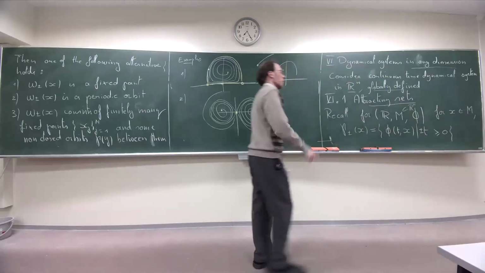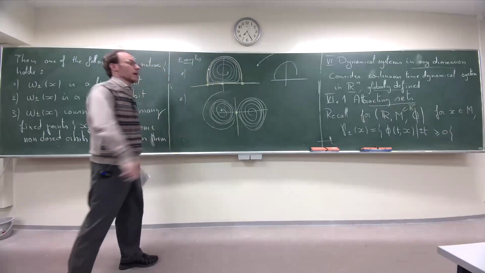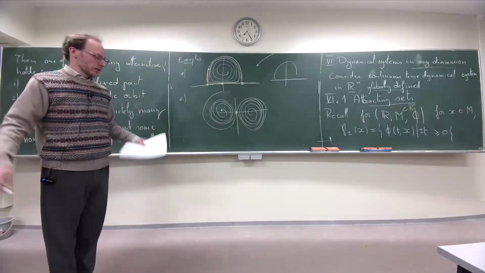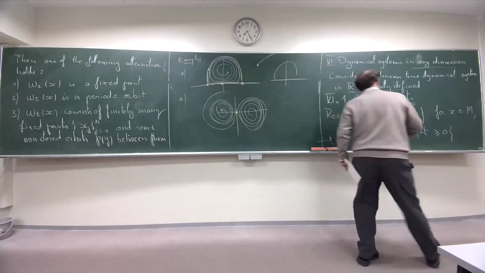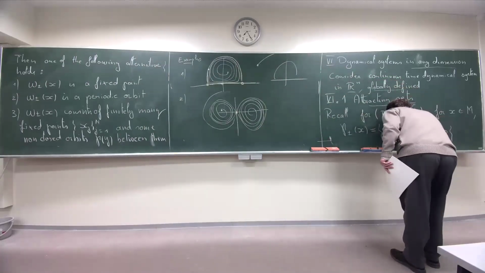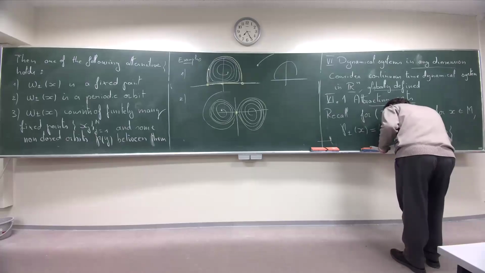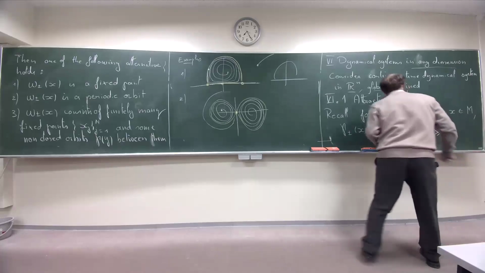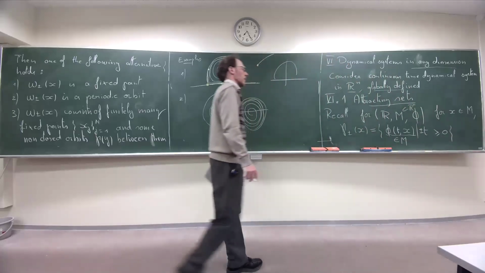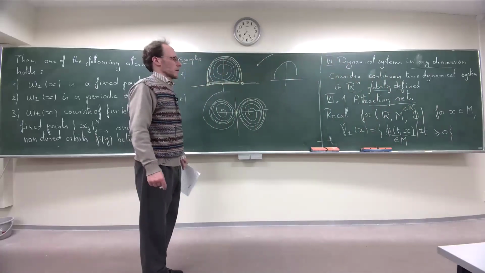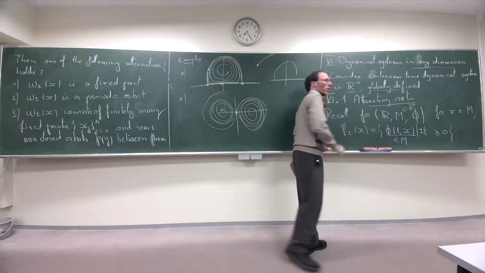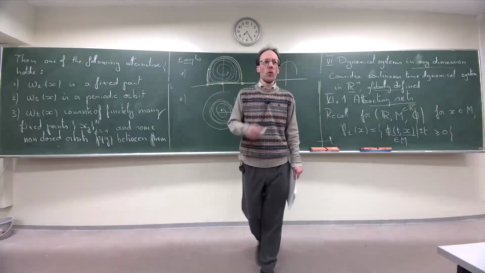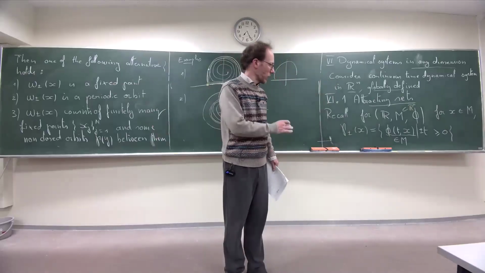So I put plus or minus t, which means either I consider t going to plus infinity or t going to minus infinity, and these points are in M. This is the definition of one forward orbit or backward orbit.